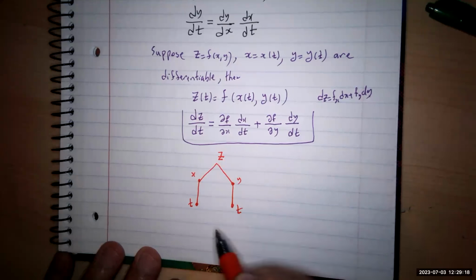So the way you can think about it, if you go from z to x, z is a function of two variables. If you want to differentiate with respect to x, it is a partial, round z, round x. And this is going to be round z, round y. Then you continue with this one. X is just a function of t, so that gives you the derivative of x with respect to t, which is dx dt.